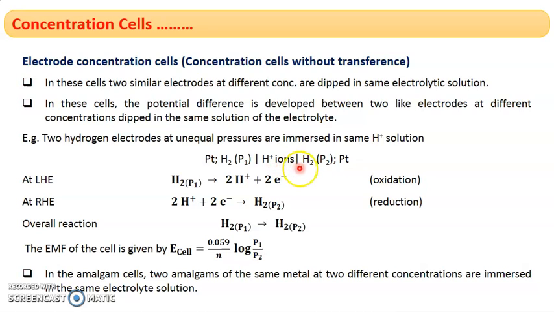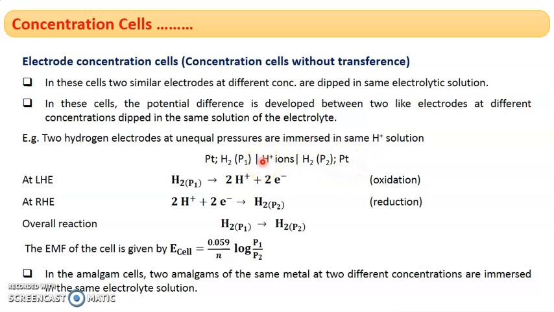Then we have another hydrogen electrode at P2 pressure, with the support of platinum. So this is the setup. We have a hydrogen electrode at P1 pressure dipped in the electrolyte of H plus ions, then another hydrogen electrode at P2 pressure dipped in the same electrolyte. This is the construction of the electrode concentration cell.